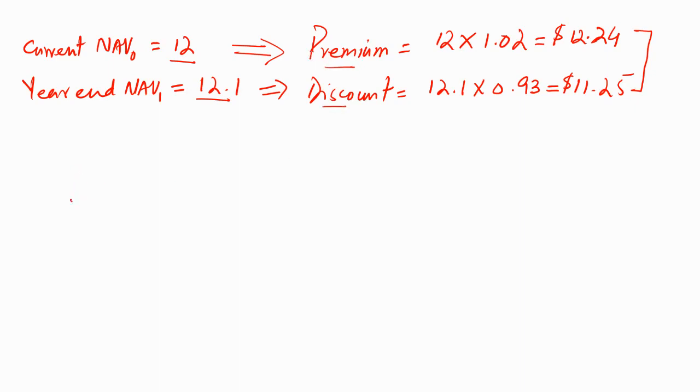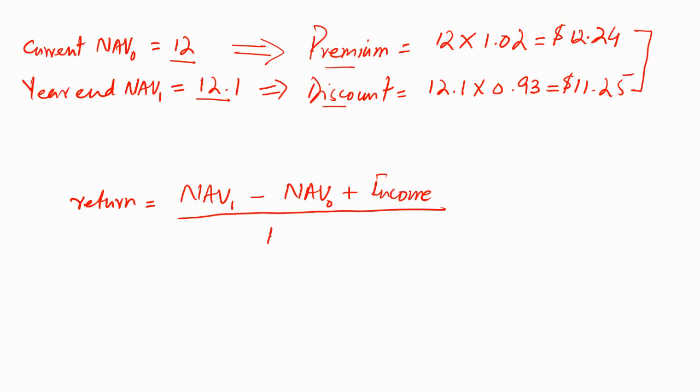So let's calculate the return. We have NAV 1 less NAV 0 plus income and capital gains distributions, whole divided by NAV 0. We will be considering the premium and discounted values.